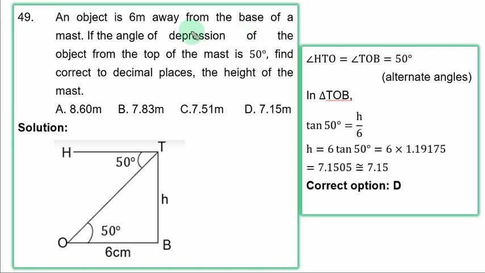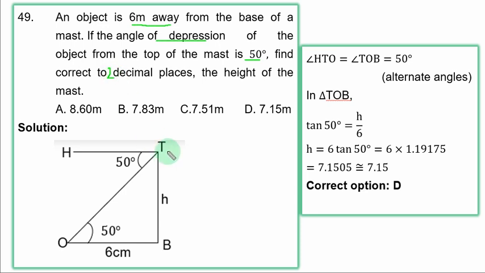Question 49. An object is 6 meters away from the base of a mast. If the angle of depression of the object from the top of the mast is 50 degrees, find correct to 2 decimal places the height of the mast.